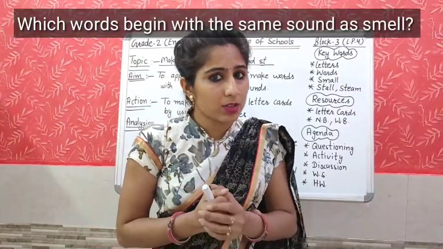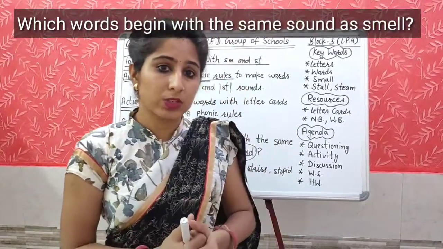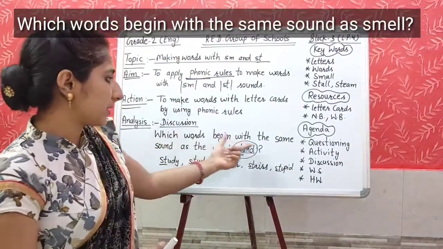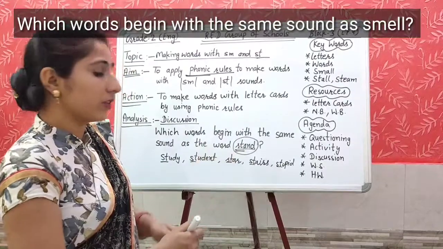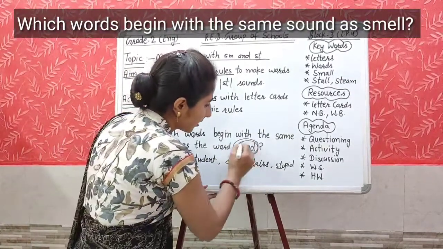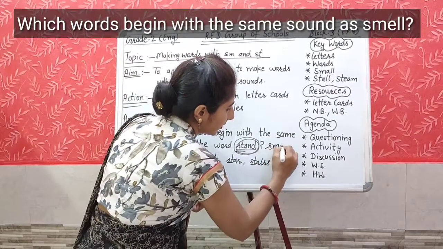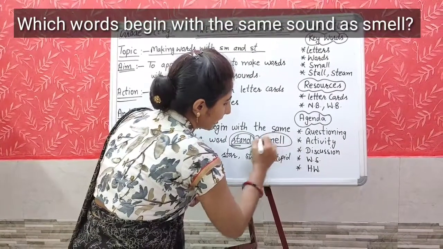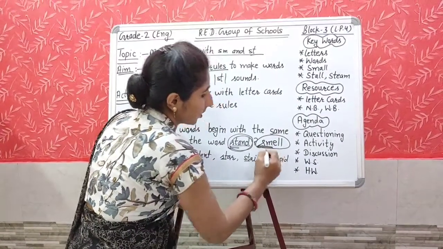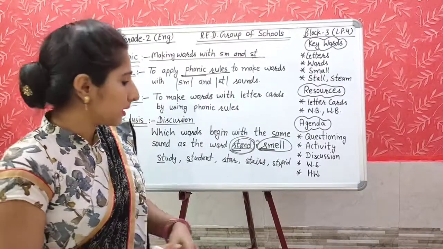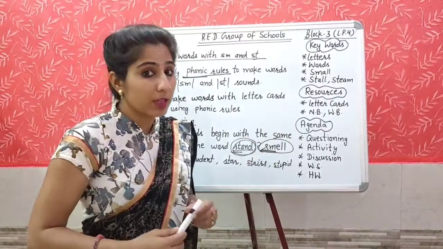Okay students, now again I have the same question, like which words begin with the same sound as the word I have written here, smell. With this sound, SM. By using the SM sound, can you make more words?